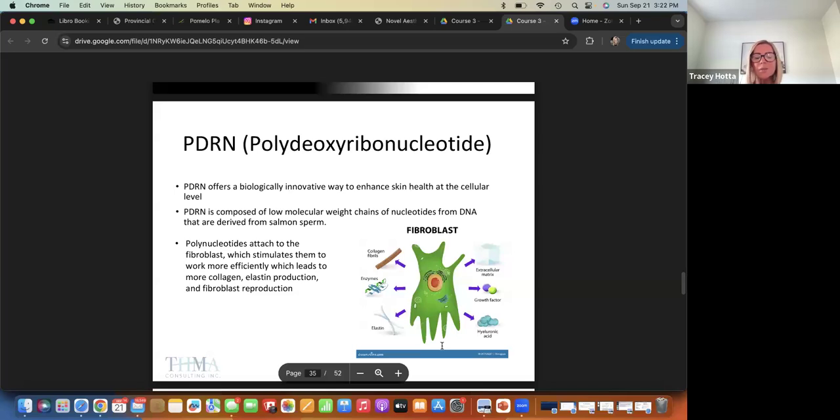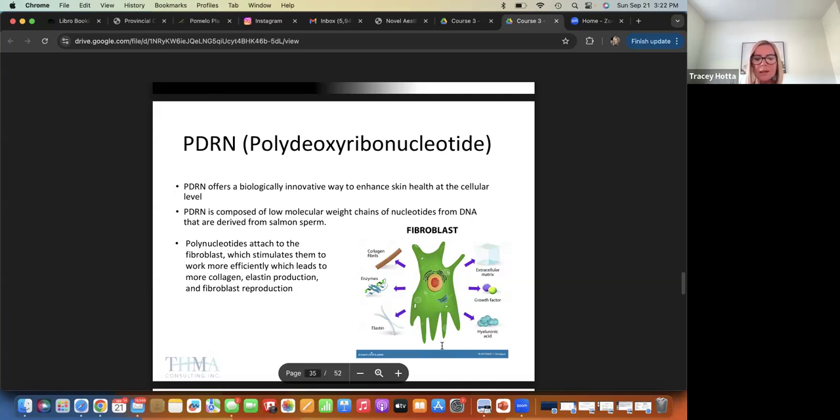Polynucleotides attached to the fibroblasts stimulate them to work more efficiently, which leads to more collagen, elastin, and fibroblast production. So just like PRP and exosomes, these are just things you can add to your treatment, which significantly boosts your results, but also can decrease the downtime at the same time.